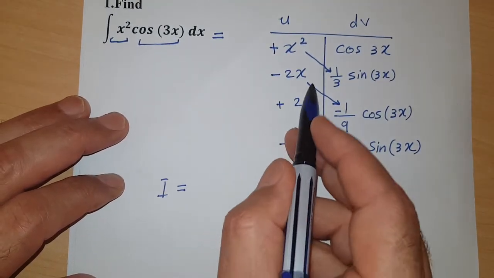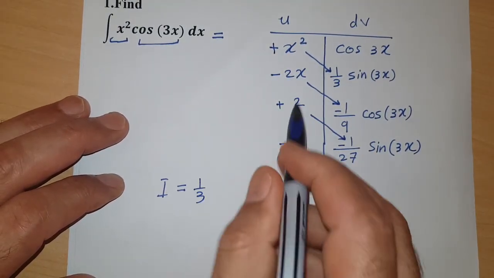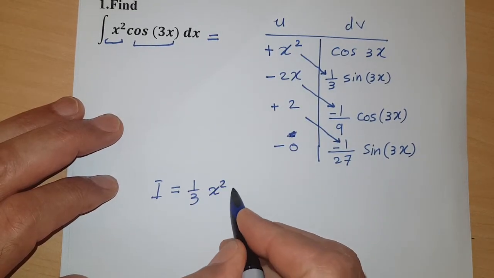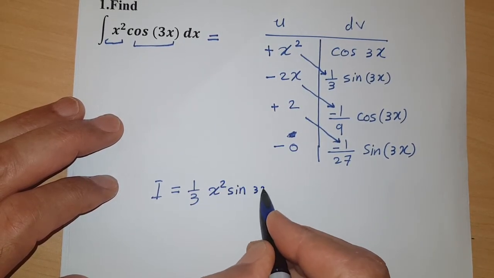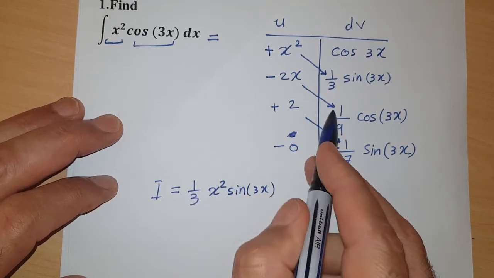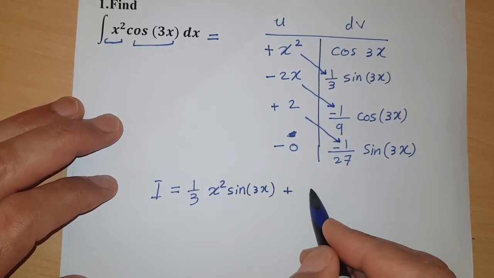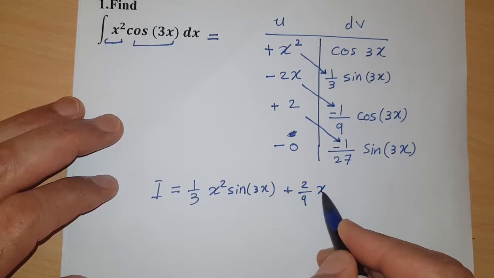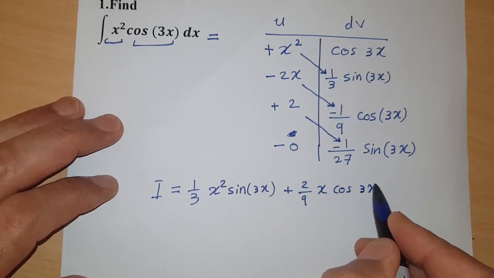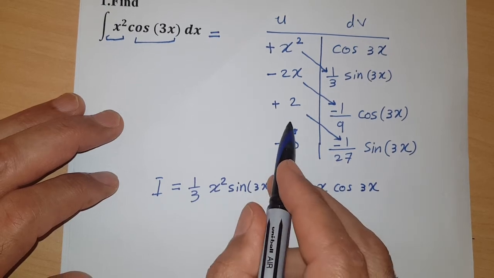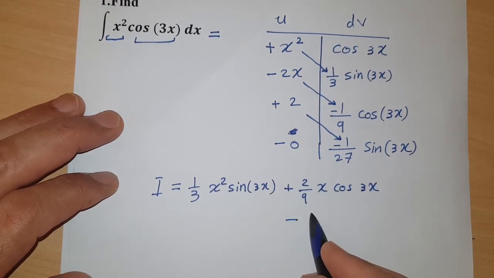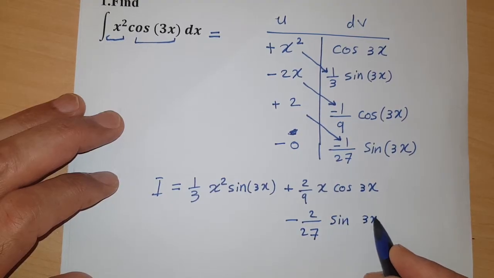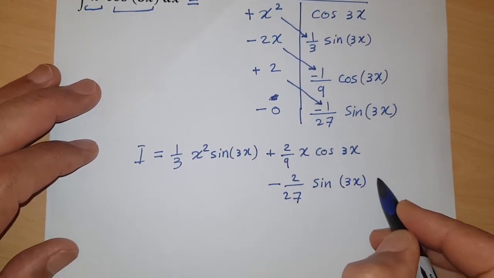So the integral I have is 1/3, just multiply this together: 1/3 x squared sine 3x, negative and negative is positive, plus 2 over 9 x cosine 3x, and finally minus 2 over 27 sine 3x plus c.